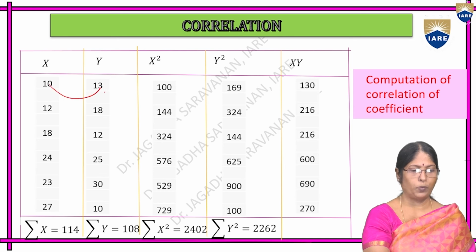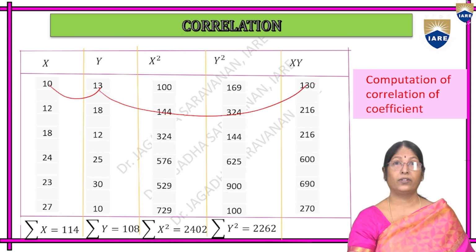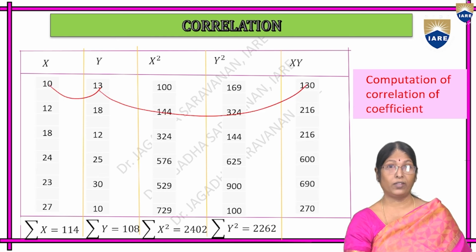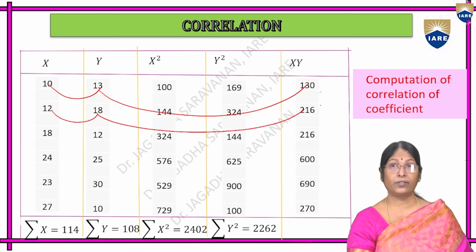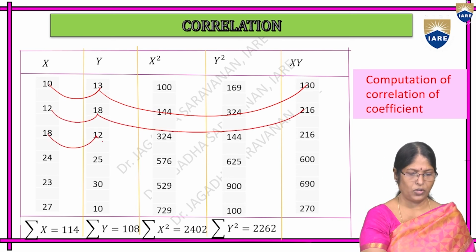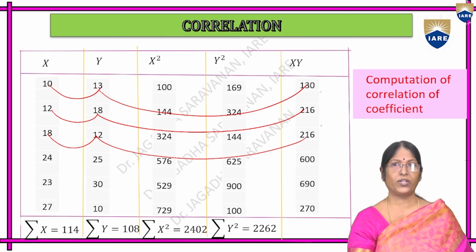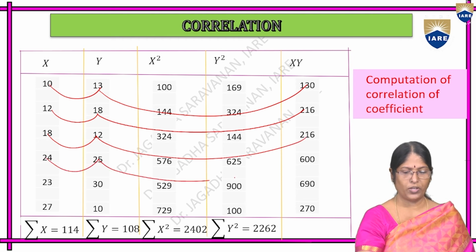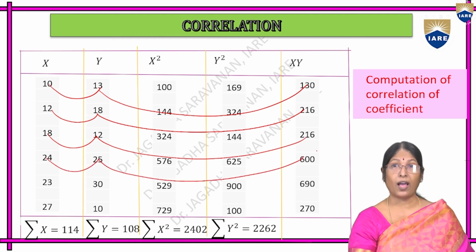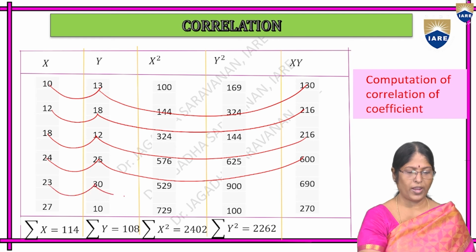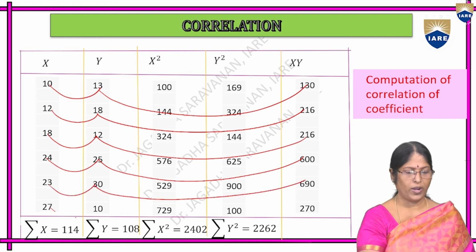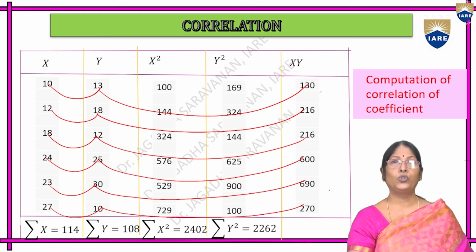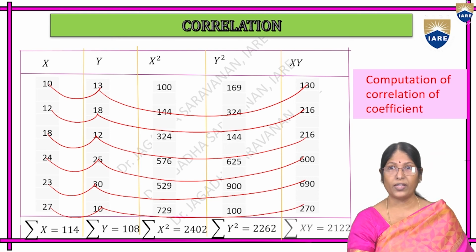Now xy. So these two are to be multiplied: 10 into 13, 130; 12 into 18, 216; 8 into 12, the same 216; 24 into 25, 600; 23 into 30, 690; 27 into 10, 270.